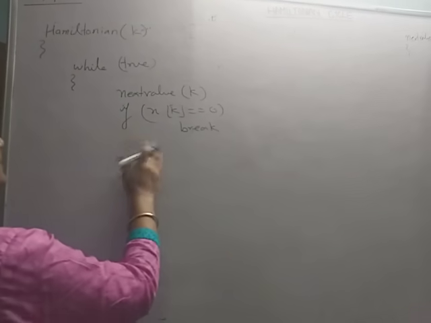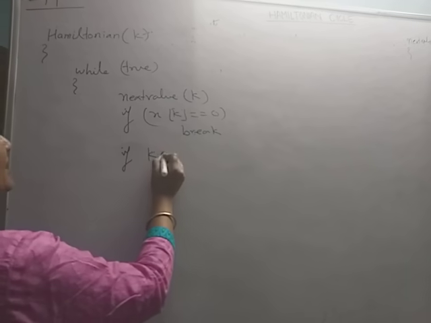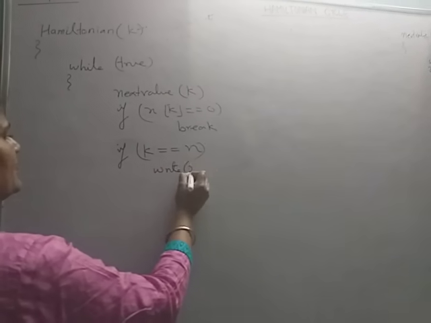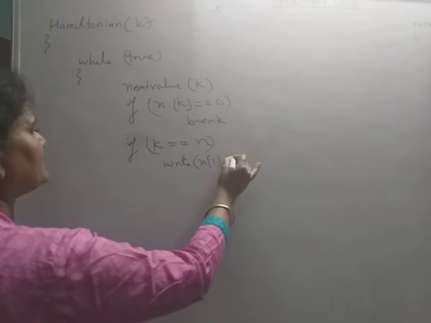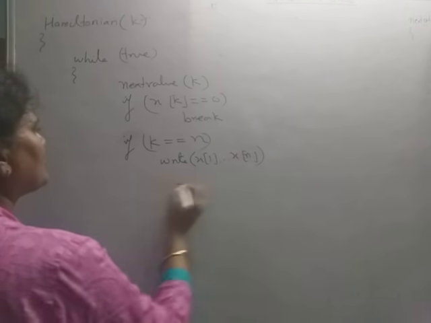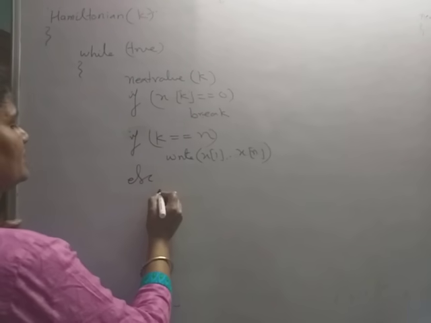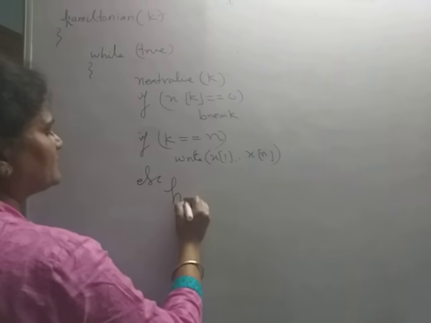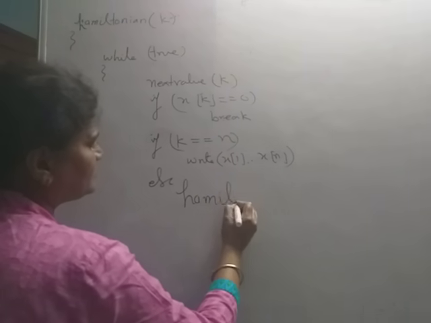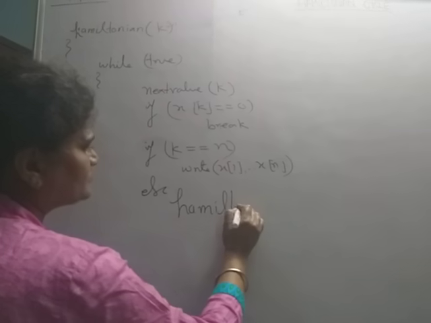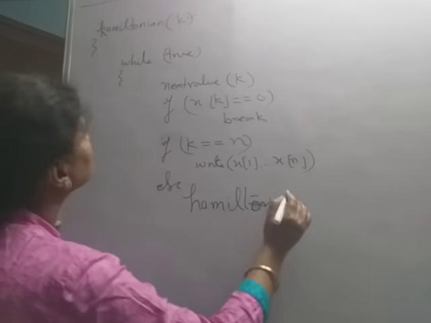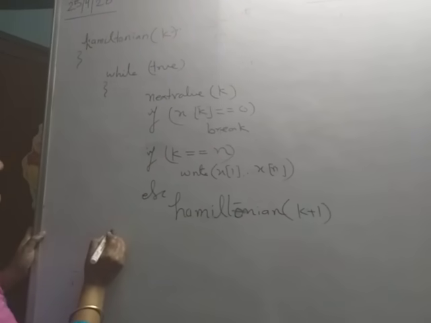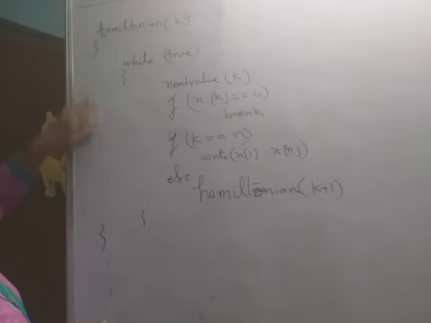Else, if k equal to n, then write x1, one cycle you get. Else, again call Hamiltonian k plus 1.